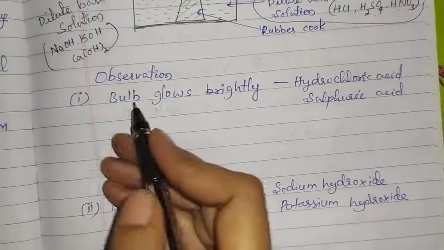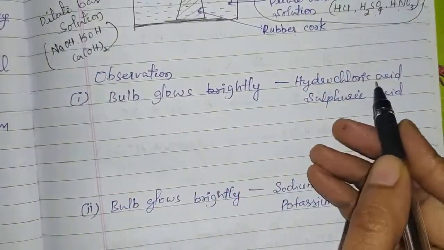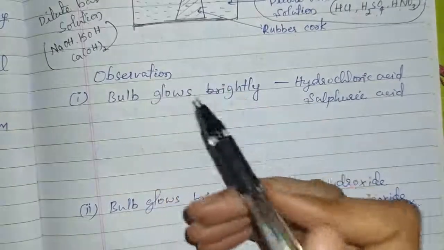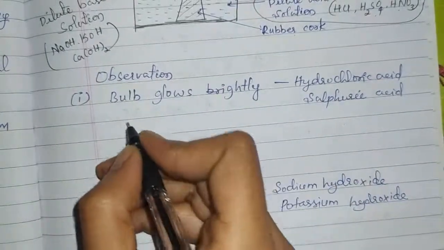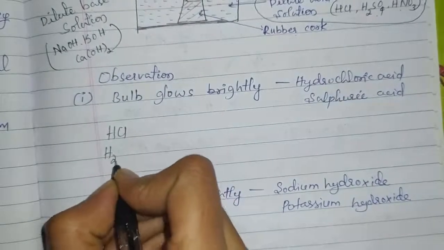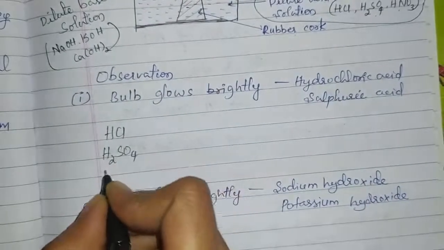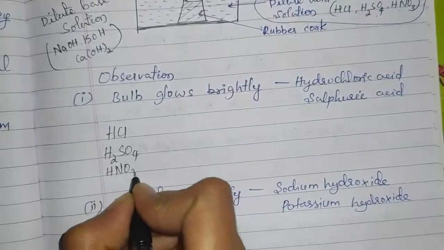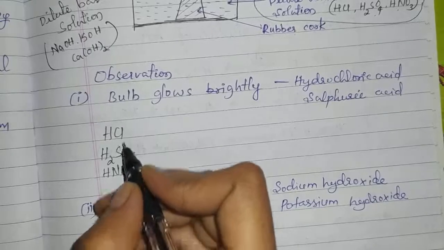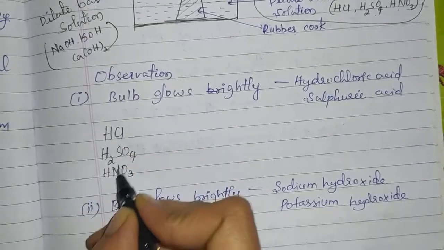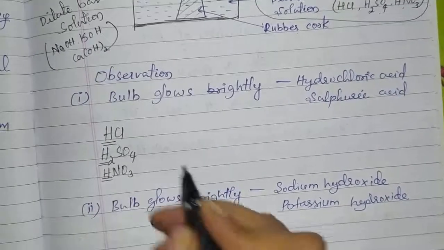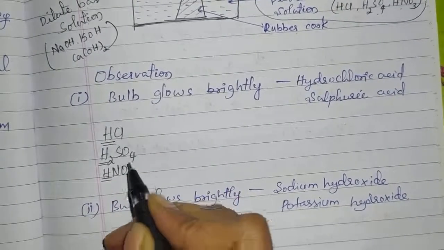See here, the bulb glows brightly when hydrochloric acid, sulfuric acid or nitric acid is placed in this beaker. If you observe all these acids, in all the acids hydrogen is common.